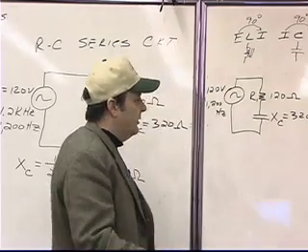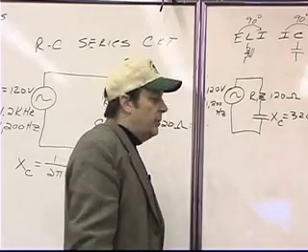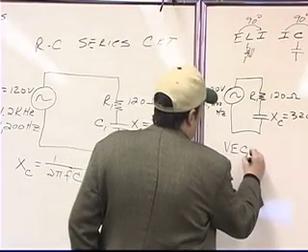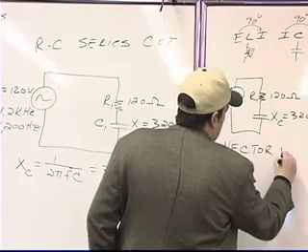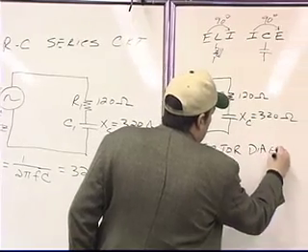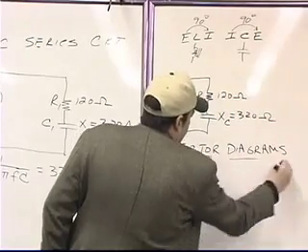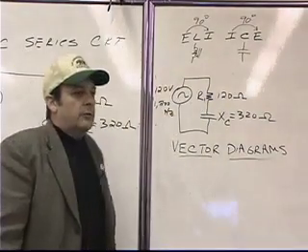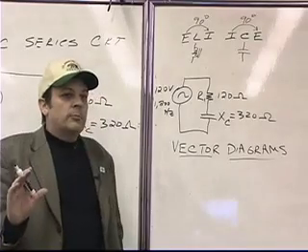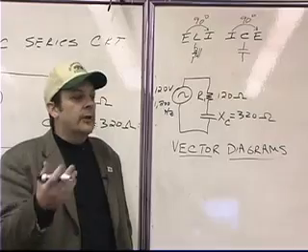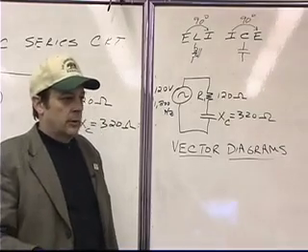And so one of the things that we do is we develop what we call vector diagrams. There's a vector diagram to go along with just about anything that you want to analyze in the circuit. Like, for instance, let's say we want to analyze voltage.